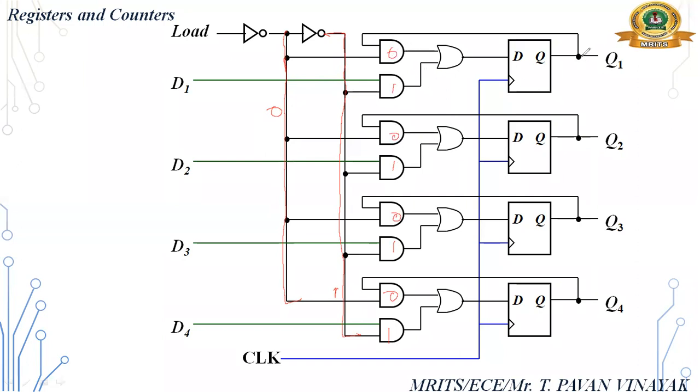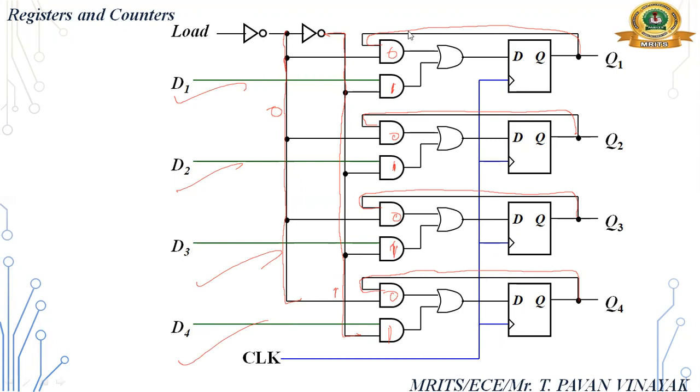For 0 you are giving Q1, Q2, Q3, Q4, right? For 1, you are giving D1, D2, D3, D4.